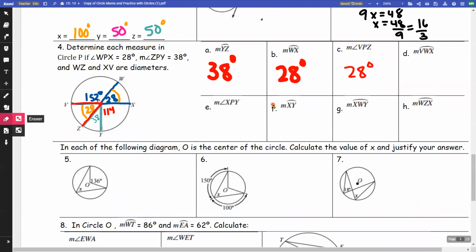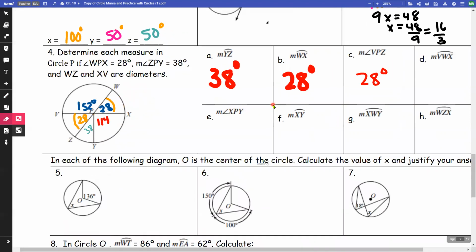They want us to find the arc measure of VWX. So VWX is this. That's going to be 180 degrees.